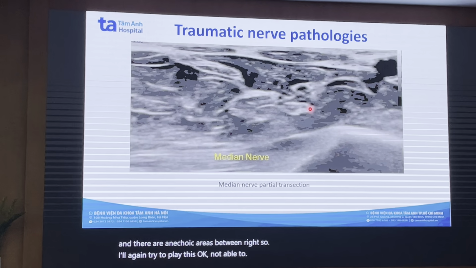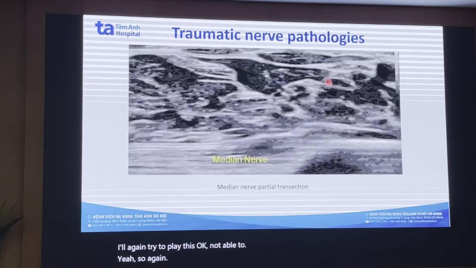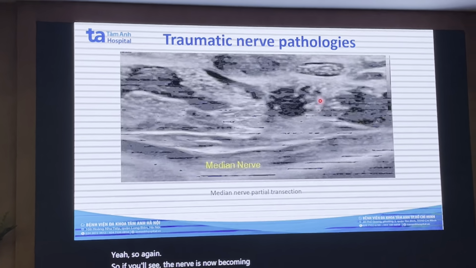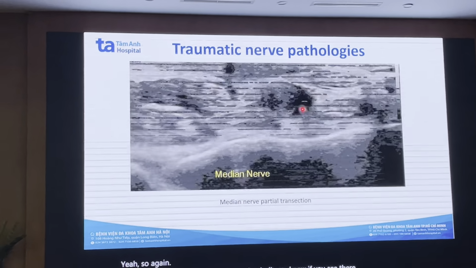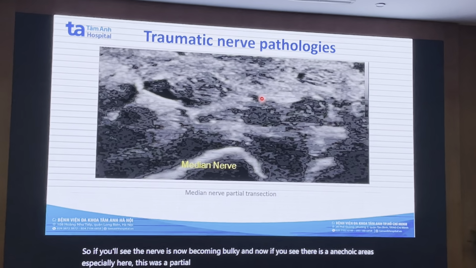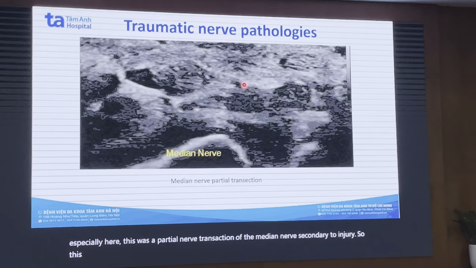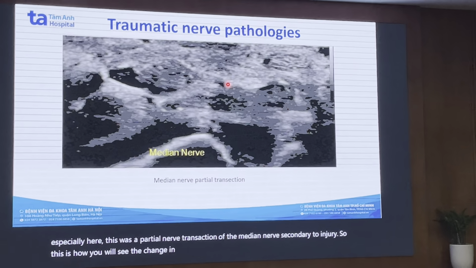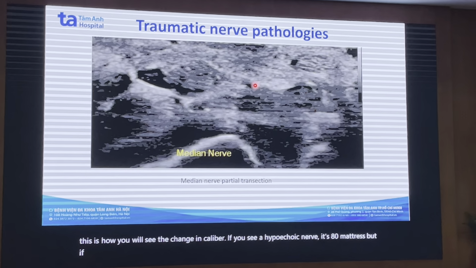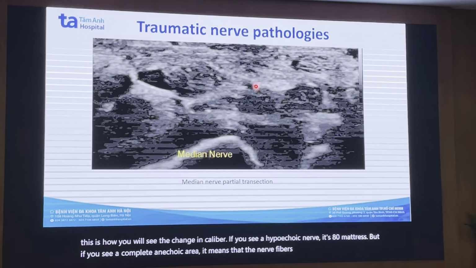So if you see, the nerve is now becoming bulky, and now there is an anechoic area, especially here. This was a partial nerve transection of the median nerve secondary to injury. So this is how you will see the change in caliber. If you see a hypoechoic nerve, it's edematous. But if you see a complete anechoic area, it means that the nerve fibers are torn in that region.